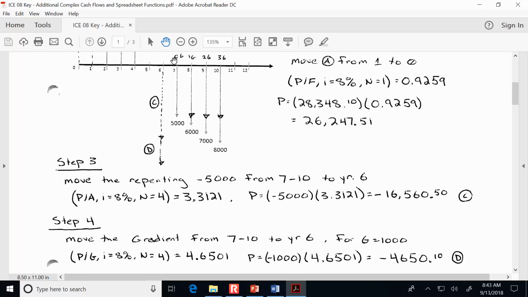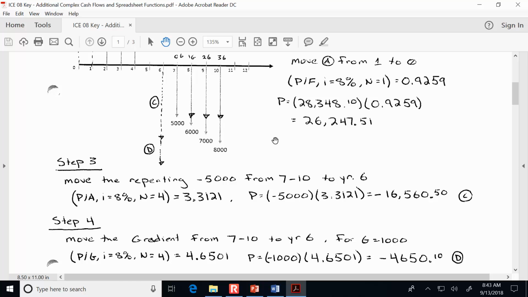As I said, here was when we had 0G, then 1G, 2G, 3G, just to help drive home the point and emphasize that this amount D, which is the equivalent value of the gradient once it's been moved to a present value in air quotes, because it's not really a present value, it's just 2 years before the first time we saw any effect of the gradient. So that's the quasi year 0 in the actual year 6.